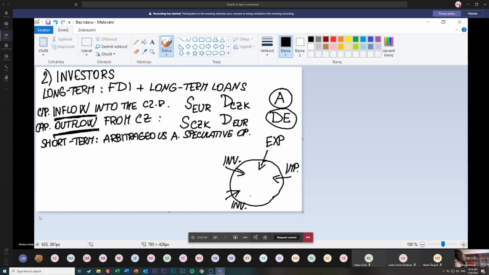They just come to use this currency market, to use differences in exchange rates, to use the difference in interest rates, right? So, for example, let's start with the arbitrage operations.